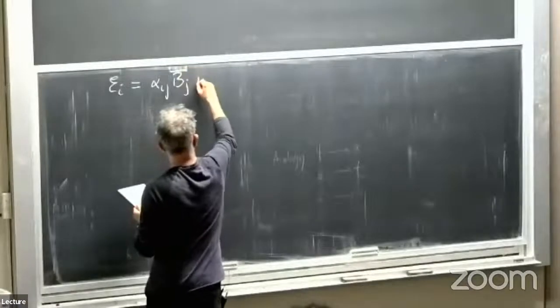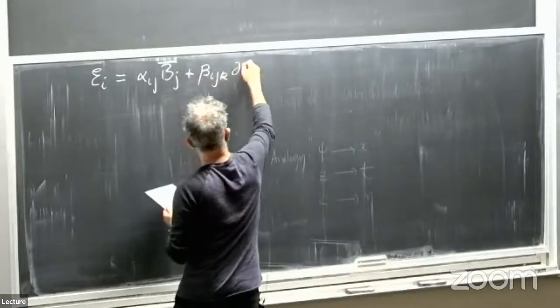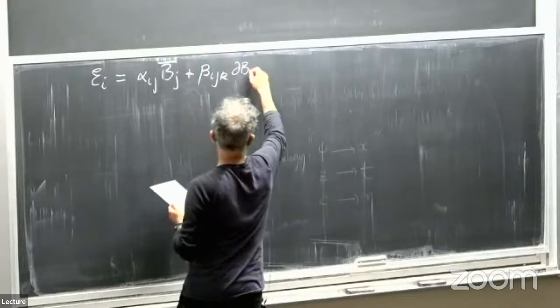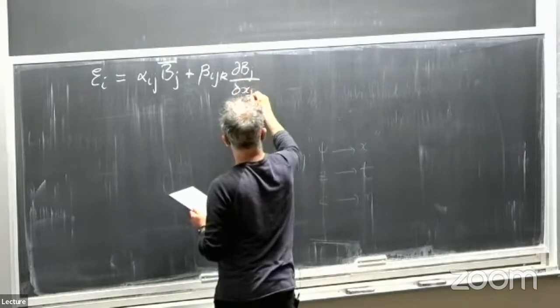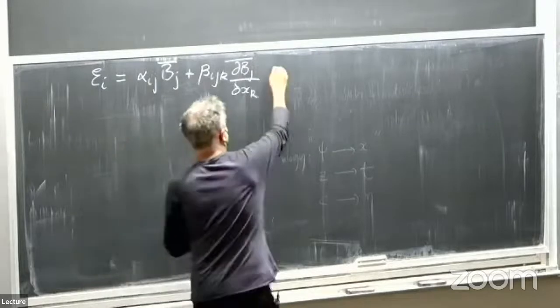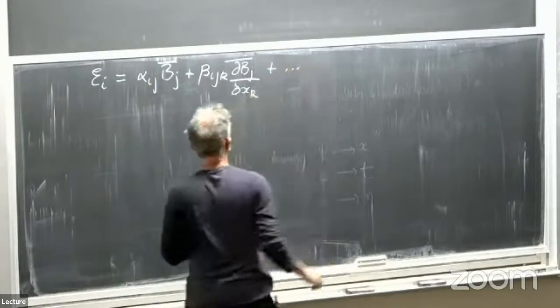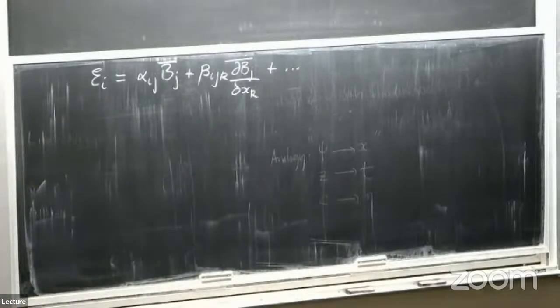So we write E_i is alpha_ij times B_j bar plus beta_ijk, there's a few technical details, beta_ijk dB_j/dx_k, which if you're interested, you can look up in some of the papers I've put on the thing. So we pose a Taylor expansion. You can say an awful lot just from having put this Taylor expansion together.